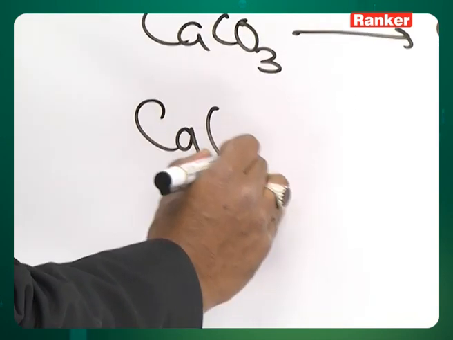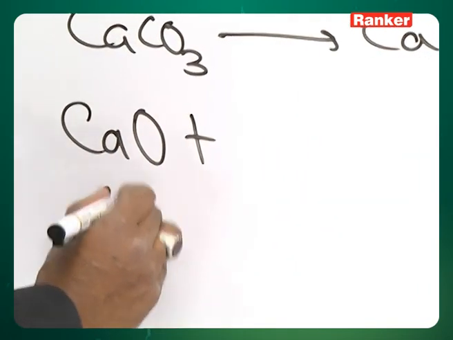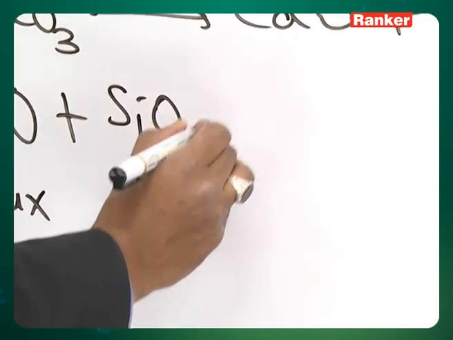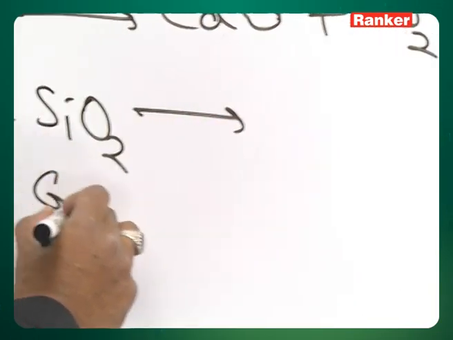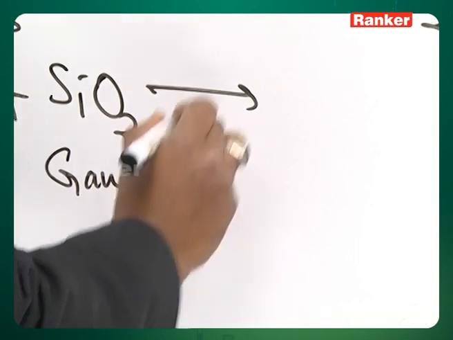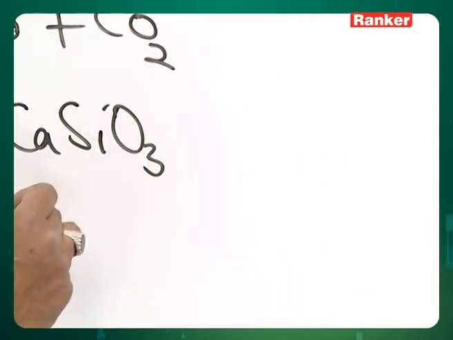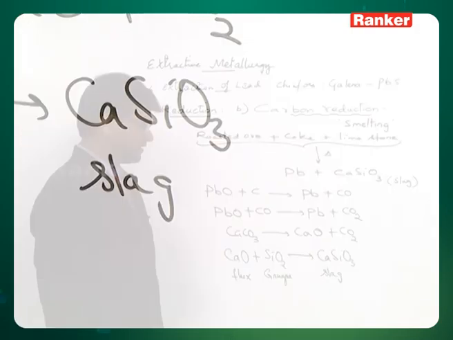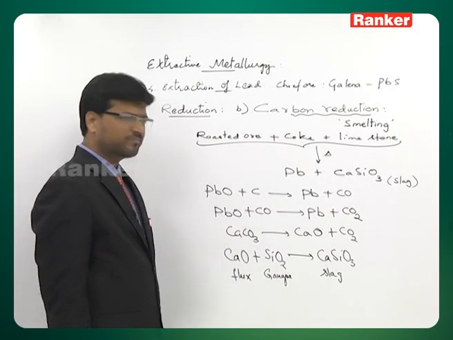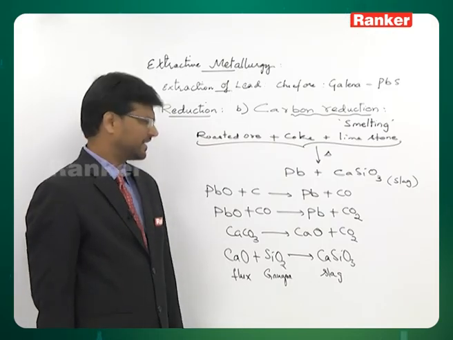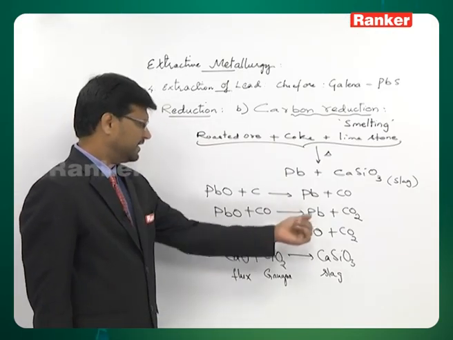Then CaO, this is the flux, will react with gangue, that is matrix, and get CaSiO3, which is called slag. These are the reactions which take place during carbon reduction. Calcium silicate separates out as slag and you get molten lead.